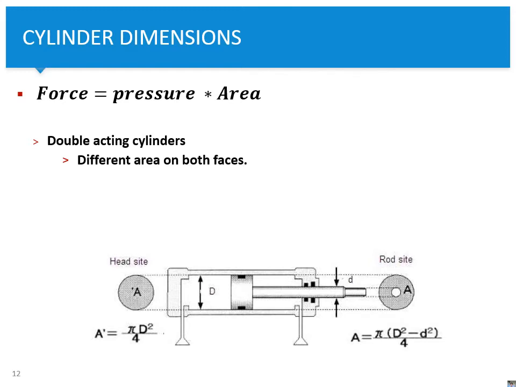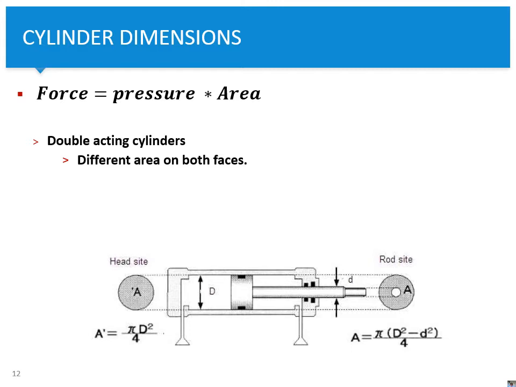So then, when actually choosing the cylinder itself, of course, the thing that really characterizes your cylinder is the area of the piston, and you can easily define that using the formula for force, pressure, and area. Keep in mind that for double-acting cylinders, the surface of the rod side piston isn't as large as the surface of the head side piston.